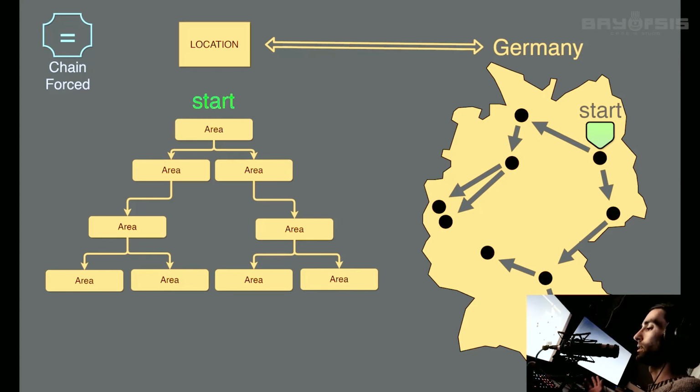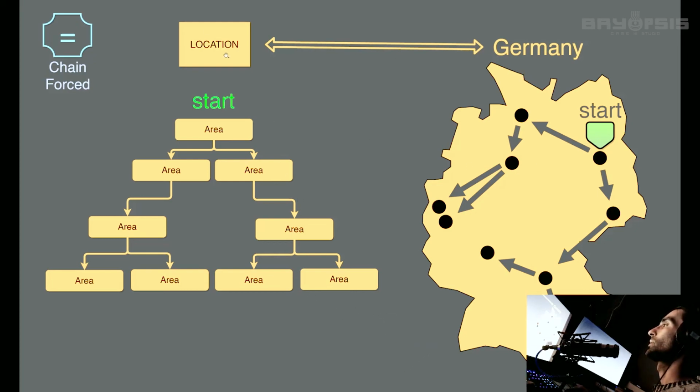And let's say an example, because I want to have Germany as the first location in the game, at least in the starting universe that I will put in the game. So this actually solves a problem, in this case with a chain forced. Let's say we start in Berlin and we want to have this kind of structure, and then at some point I want to go away from Germany and go somewhere else.